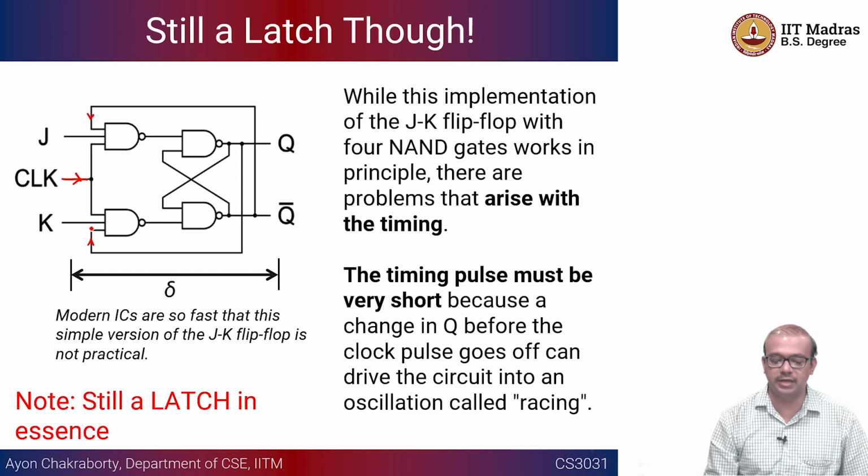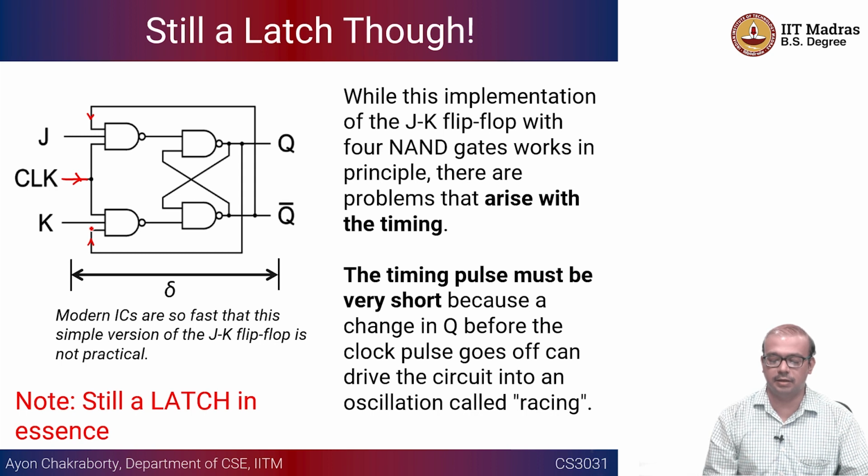This is going to change the values. So as long as the clock is 1, the feedback from Q and Q bar is fed back to the front layer of NAND gates, and that is going to keep the system toggling in an uncontrolled way. That was known as racing.